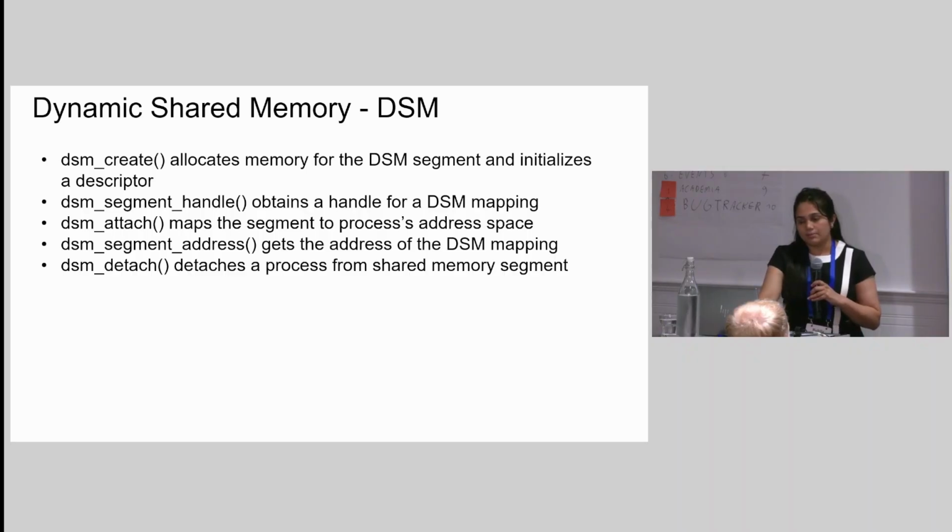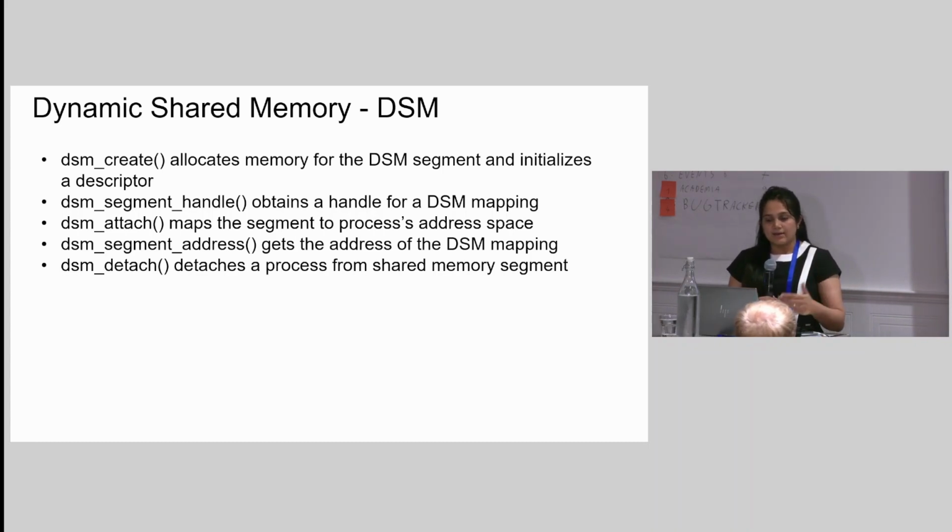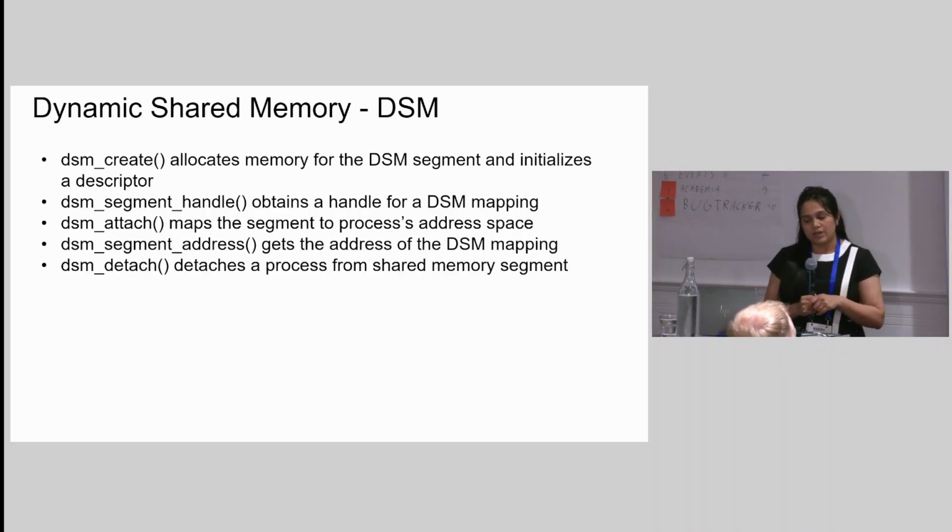To establish communication via dynamic shared memory, one of the backends, the coordinating process, creates the DSM and maps it to its local memory. The mapping of this DSM is then shared using a handle. It puts this handle somewhere in the main shared memory or in some way sends it to the other process. The other process uses this handle to attach this segment to its own address space using dsm_attach.